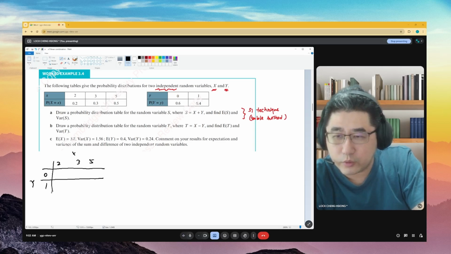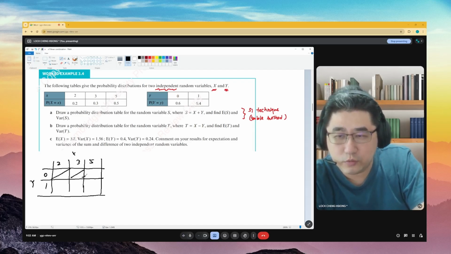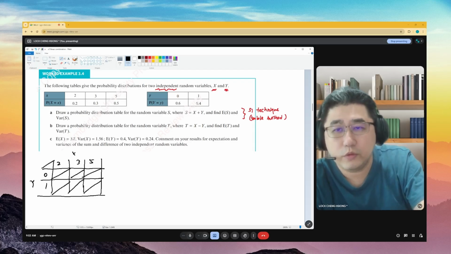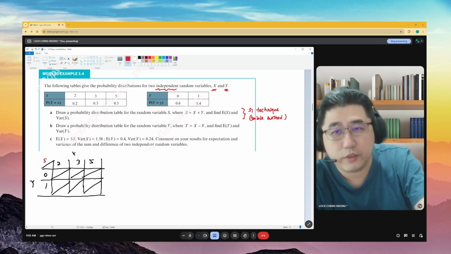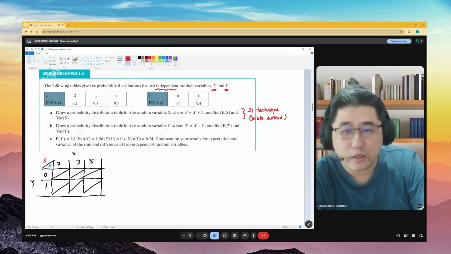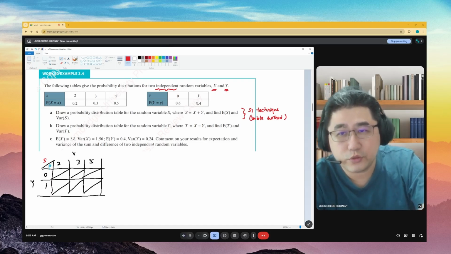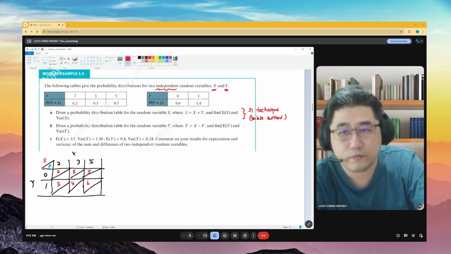So I draw the table and split it in between. The values are S, and this is the probability. S is the sum of the two numbers. Therefore, I will get 2, 3, 5, 3, 4, 6.